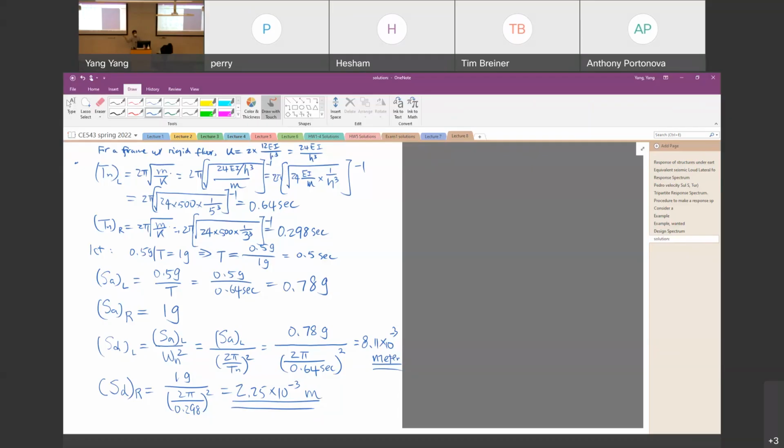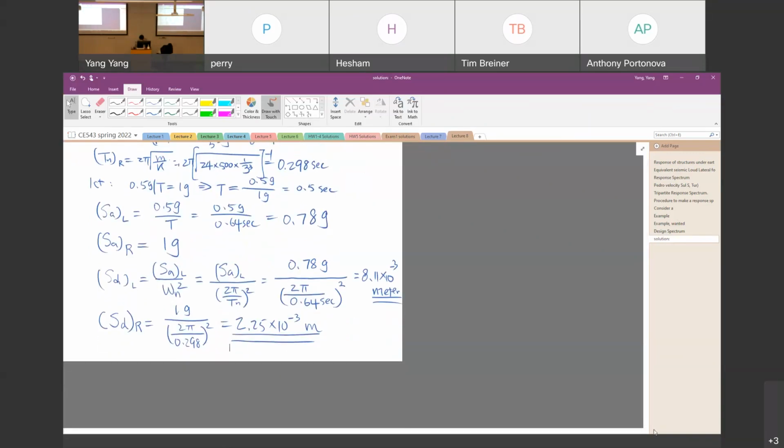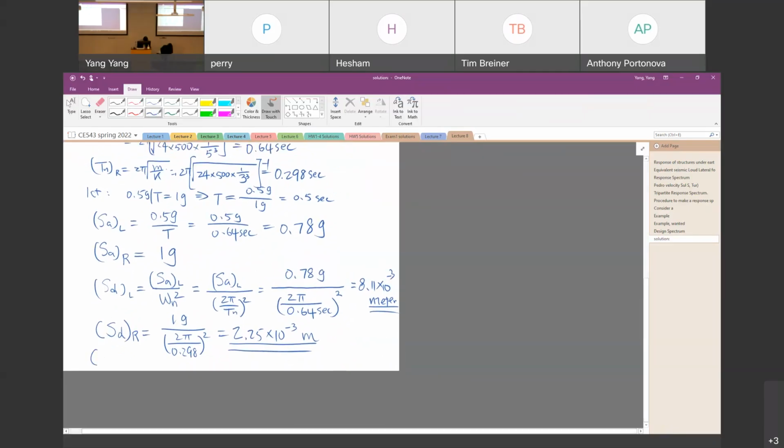We need to make sure that the gap is larger than that.